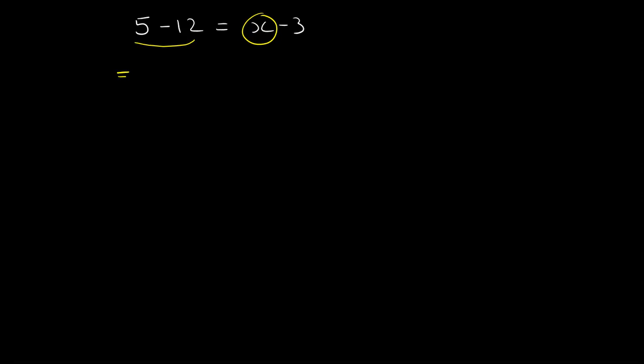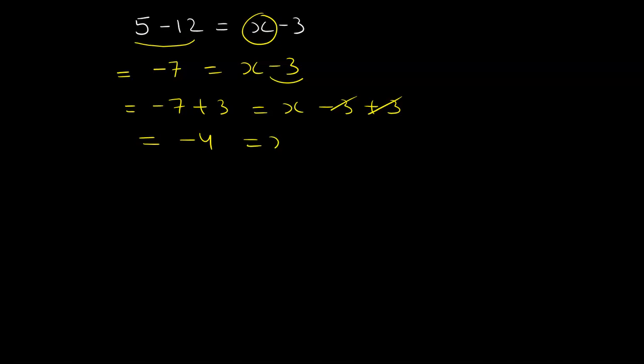Okay, so I hope you have tried at least the first step. We have 5 minus 12, so for this we get negative 7 is equal to x minus 3. Now 3 is negative, so we will add 3 to both the sides. We have negative 7 plus 3 is equal to x minus 3 plus 3. This gets cancelled, and over here we got negative 4 is equal to x.